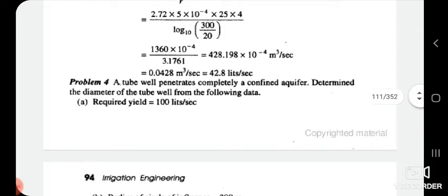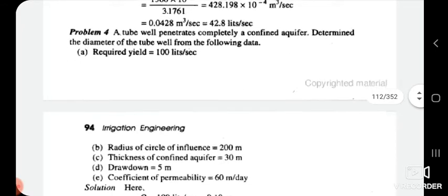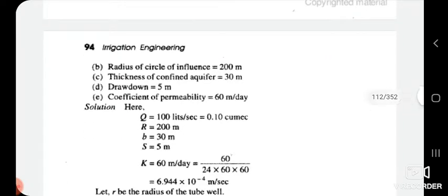Next, we have a tube well that penetrates completely a confined aquifer. Determine the diameter of the tube well from the following data. So required yield is 100 liters per second, and radius of circle of influence is 200 meter. Thickness of confined aquifer is 330 meter, and the drawdown is 5 meter, and coefficient of permeability is 60 meter per day.